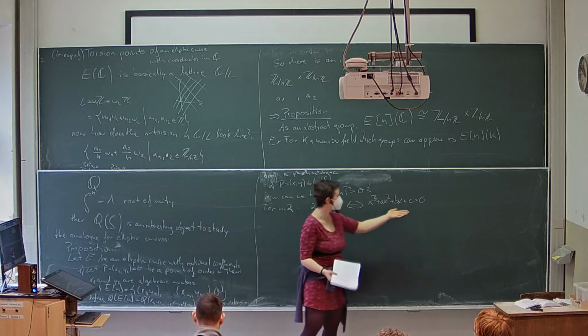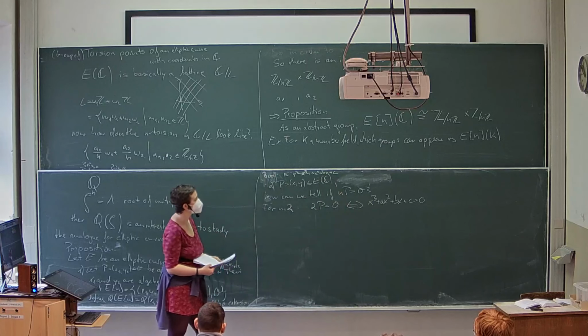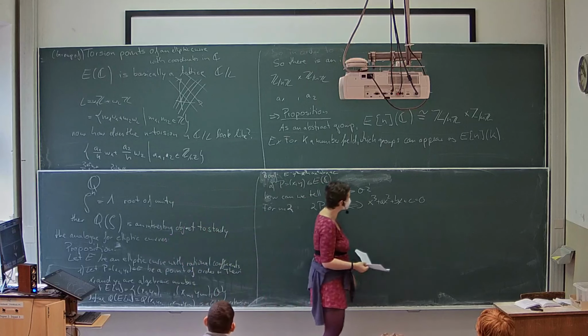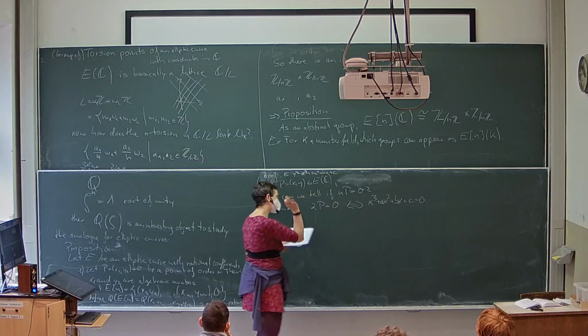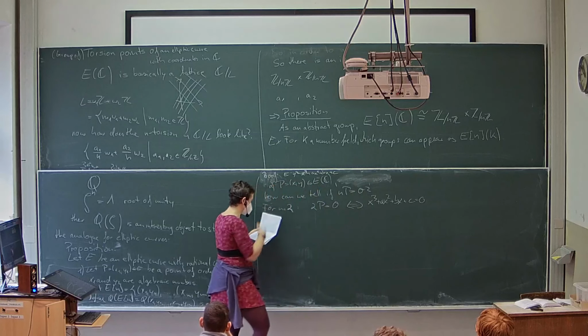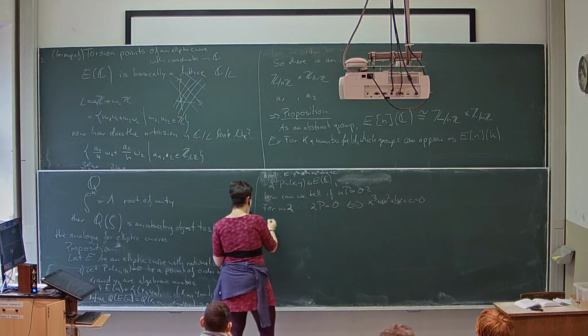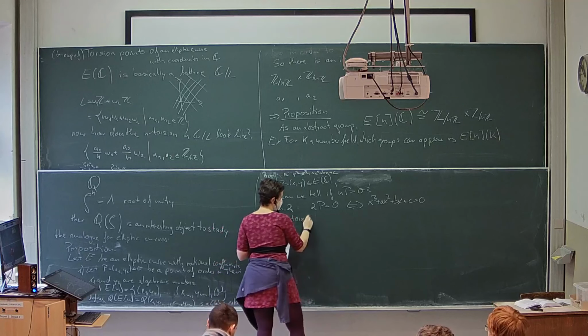This is a polynomial with rational coefficients. We can multiply by the common denominator, and then we have a polynomial with integer coefficients. So two torsion points have algebraic coordinates.